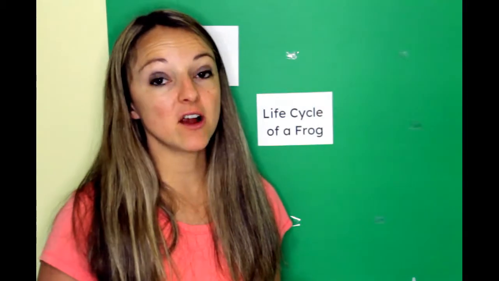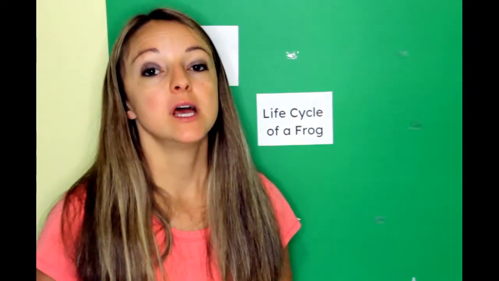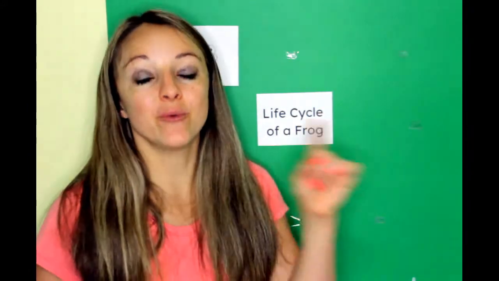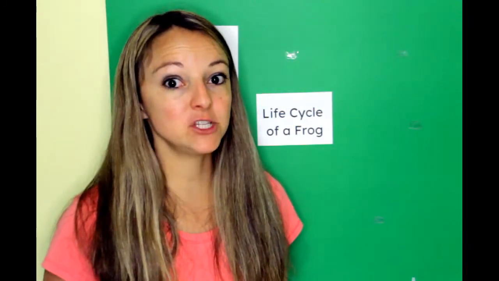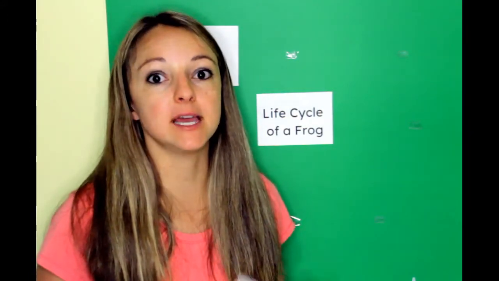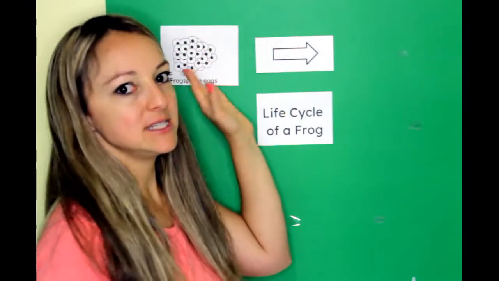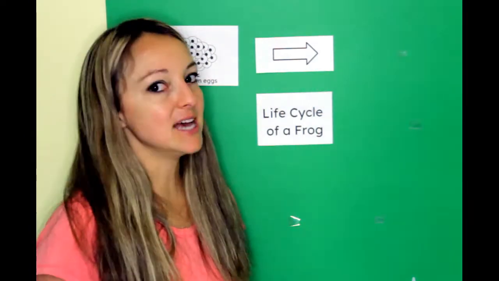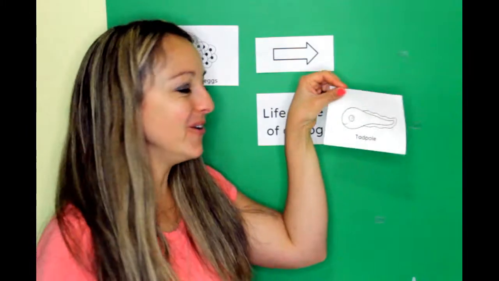Then we need to get our arrow because a cycle means that it goes around and around again. So we're going to put an arrow in between each picture to remind us that it repeats and goes to the next one. Okay, first it's an egg, then it's a tadpole.